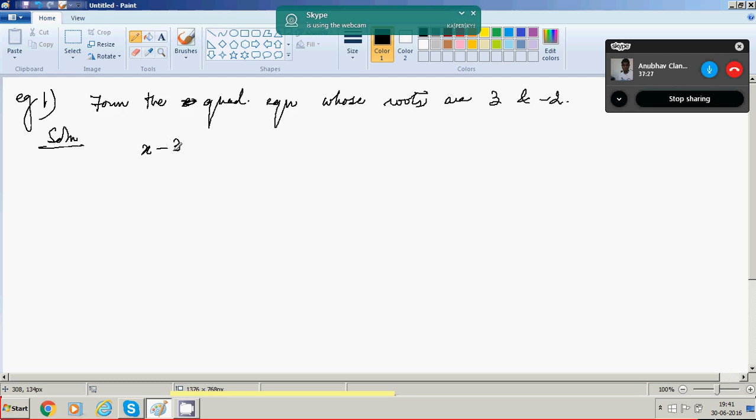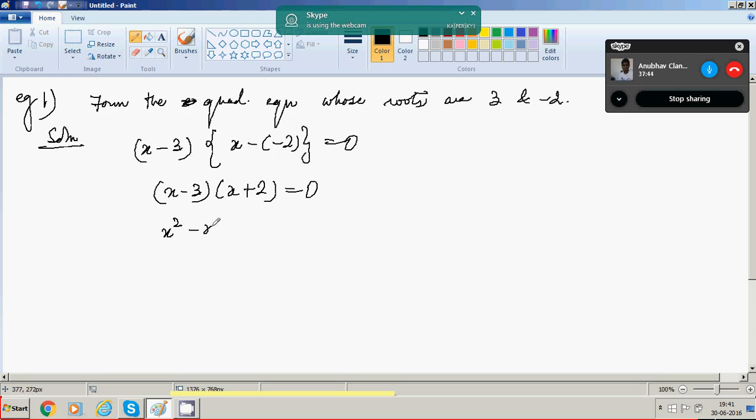Solution: x minus 3 times x minus of minus 2 equal to 0. So x minus 3 times x plus 2 equal to 0, x squared minus x minus 6 equal to 0.